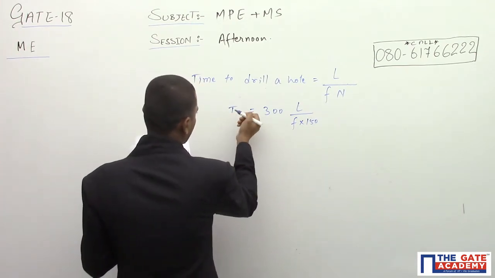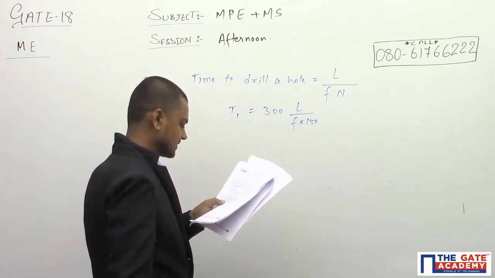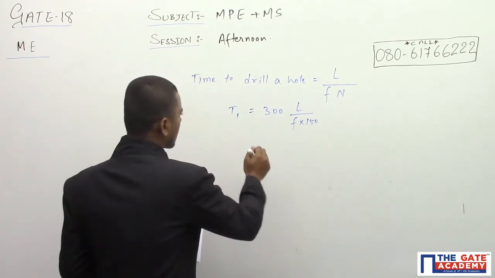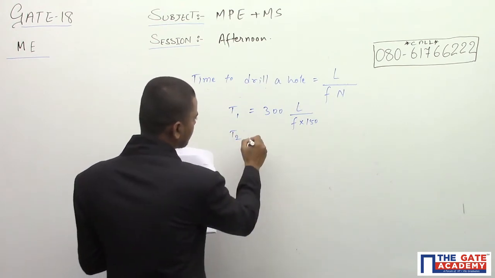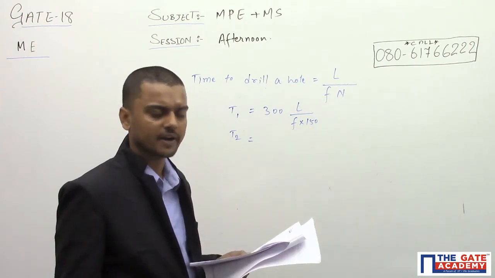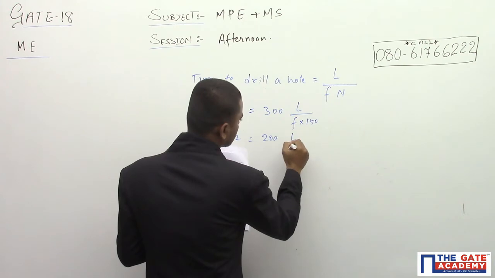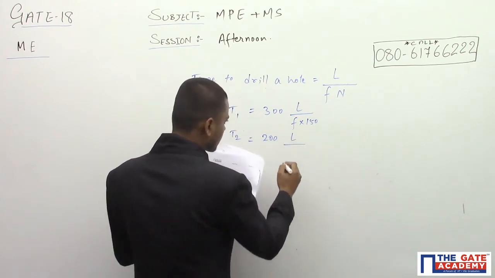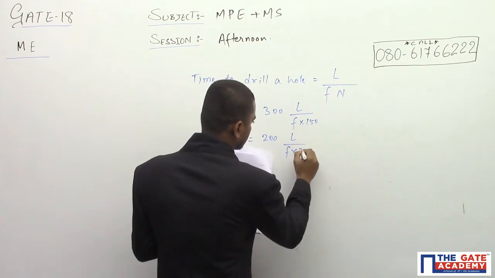That is for the first case, test 1. Now for test 2, T2, that is your tool life, is equal to, in test 2 we have to drill 200 holes, so 200 multiplied by the length of tool travel upon feed into N, which is 300.